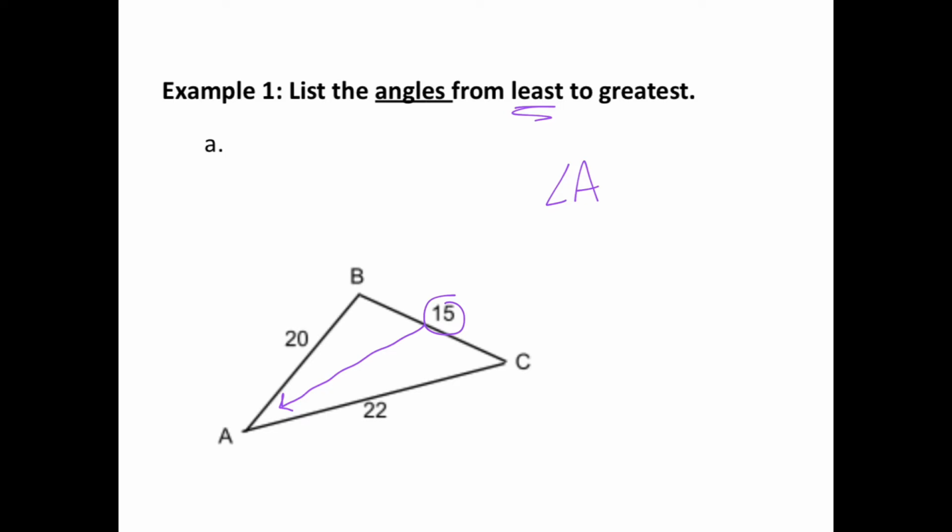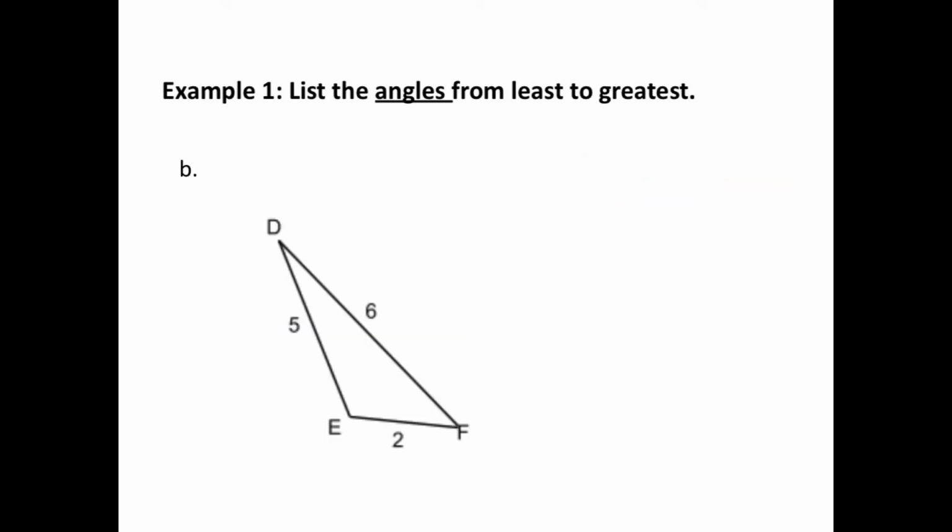Then I would go to the next one, 20, and find the angle that is opposite of that, angle C. And then finally, 22, that side is opposite of angle B, which means that it is the largest angle. So listing from least to greatest, angle A is the smallest, then angle C, and then angle B.